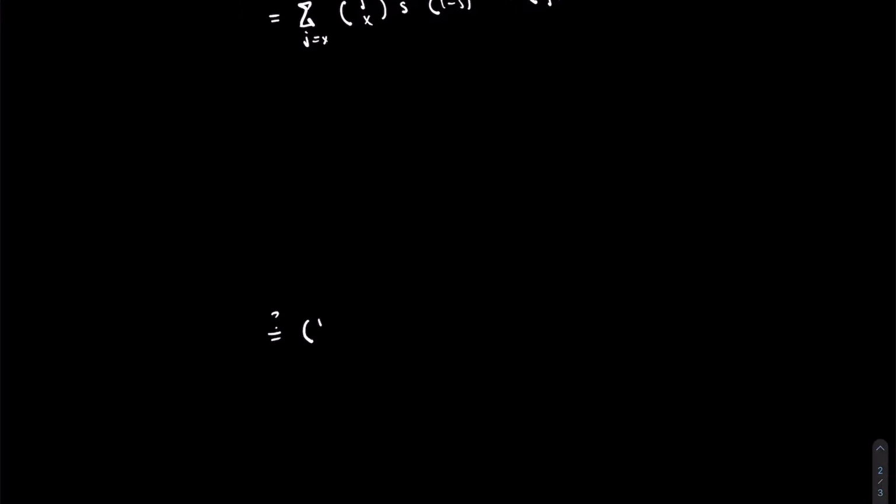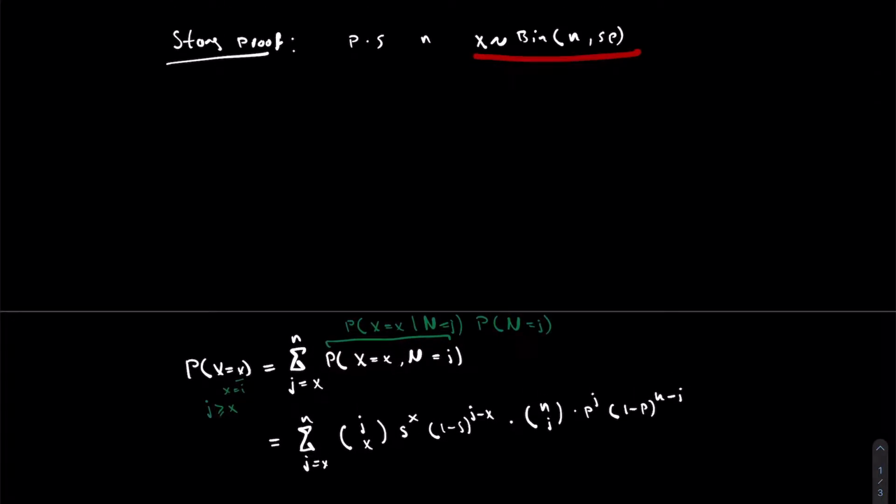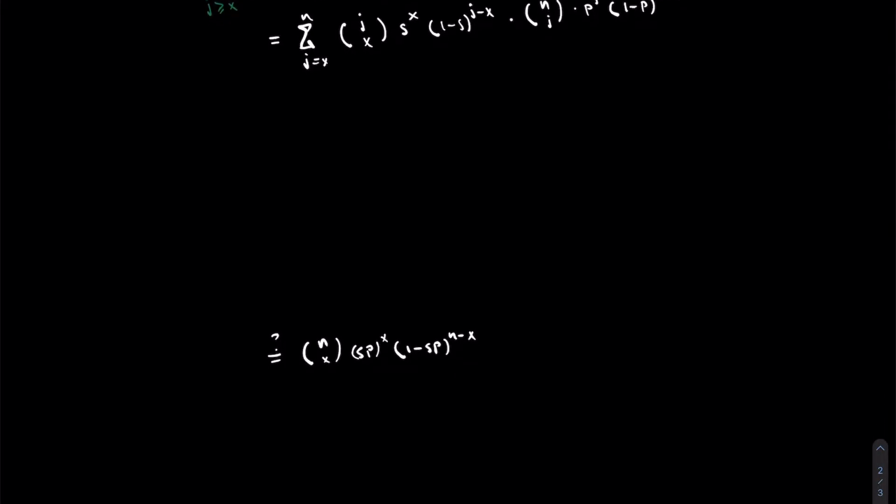So it's n choose x, sp to the x, 1 minus sp to the n minus x. That is the binomial distribution for x as proven by the story proof. So the question is, algebraically, if we can prove this once again, but from another strategy.